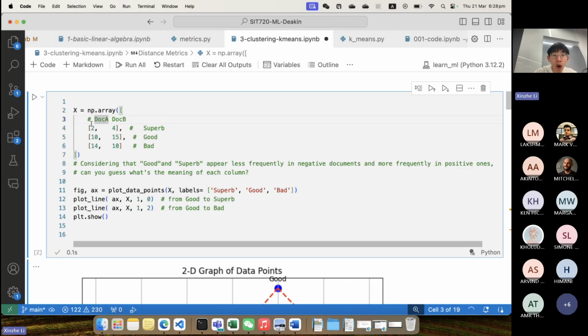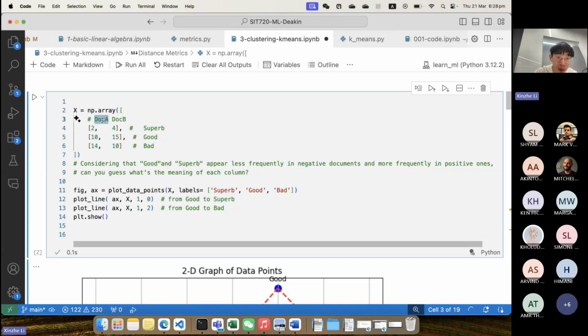Yeah. So how can I represent these 3 words? I use the frequency of these words appearing in documents. That's how in real life we represent these words.